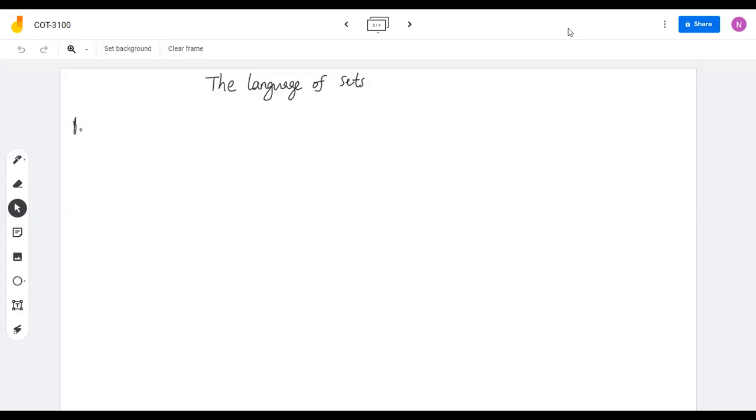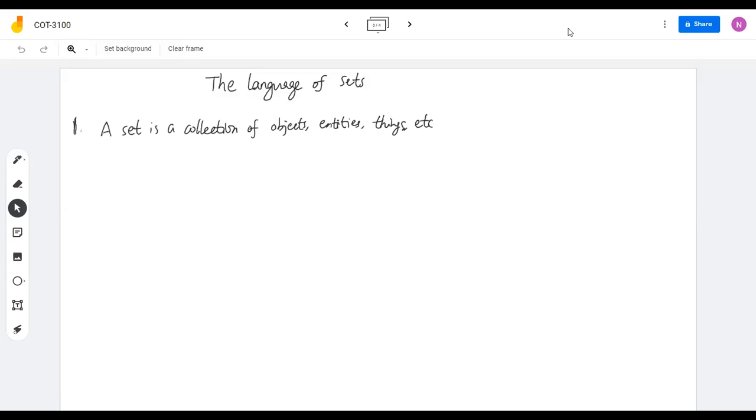A set is just a collection of objects, entities, things, etc. Generally speaking, a set is just a collection of objects that share some common property.